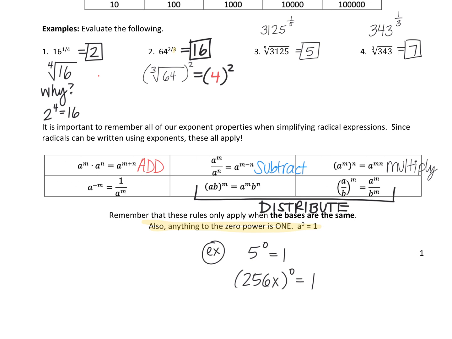If you have a negative exponent, you are going to send it to the other side. So if I have a negative exponent, I send it to the other side. It's the same thing it says on the wall. Your example there is a to the negative m becomes 1 over a to the positive m.